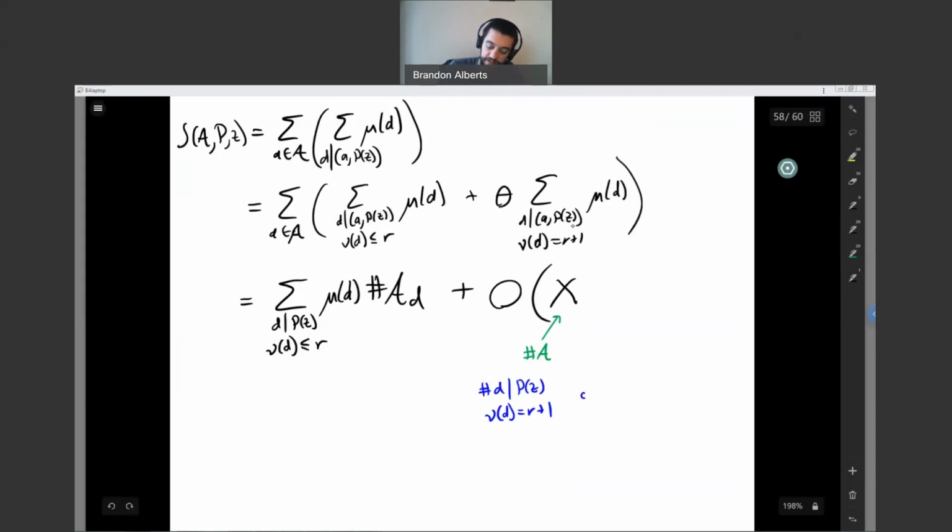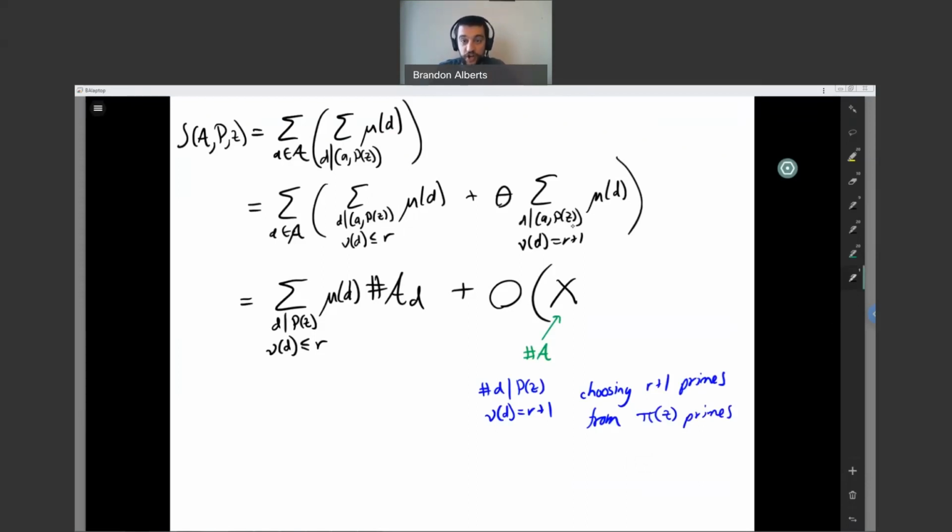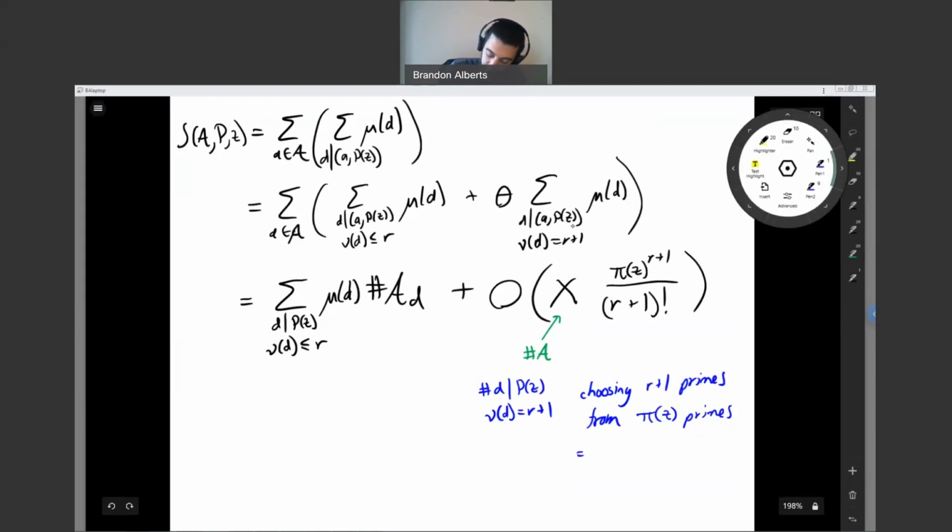That's like choosing R plus 1 primes from pi of Z primes, pi of Z total primes. So you can write that as a choose function, pi of Z choose R plus 1, but in fact I'm going to use a bit of an upper bound on that. This is an upper bound for pi of Z choose R plus 1.